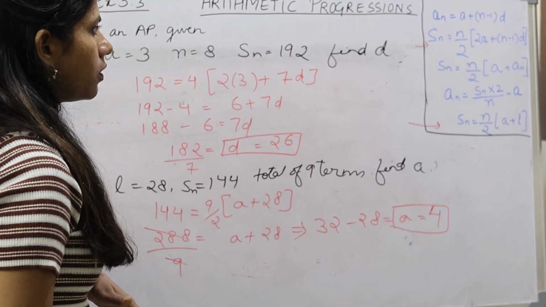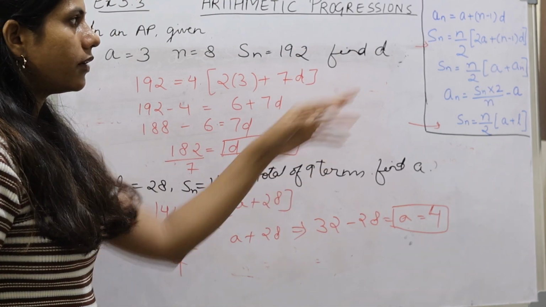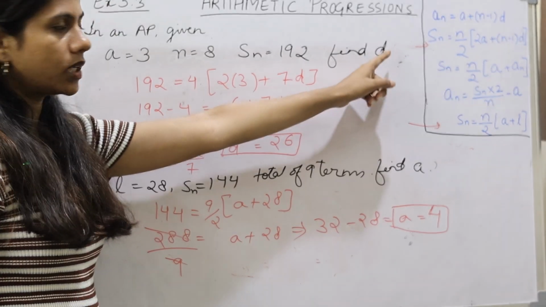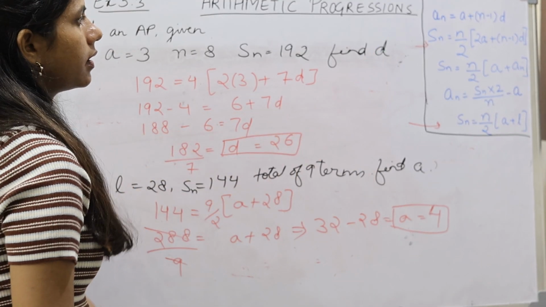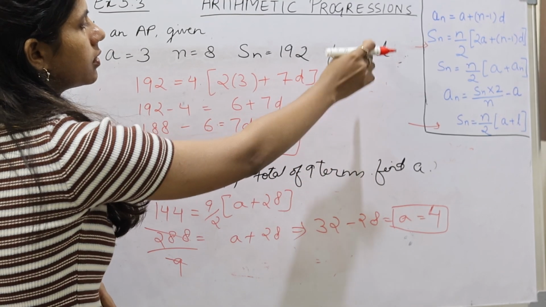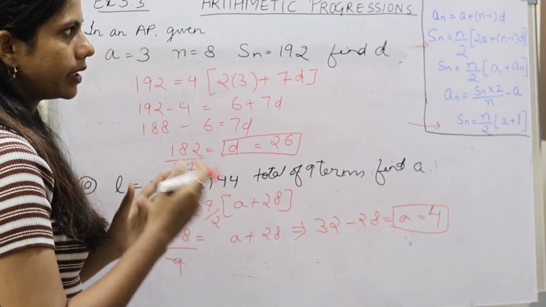So always try to use this formula. Before using any formula, just see if all the variable values are there or not, and if required, use the information given to find out the values of A and B, and then use this.